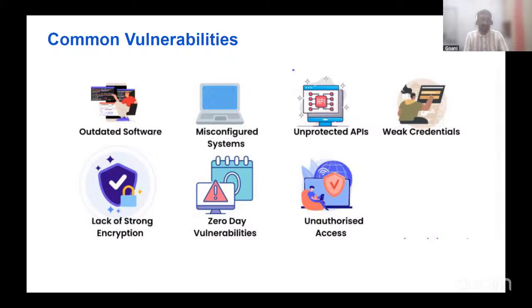If something is not configured or created properly, that will lead to security issues. And weak credentials. This is a common practice: we keep our name, date of birth, or common password patterns like 1 2 3 4. These are weak credentials, and an attacker will always try a brute force attack.